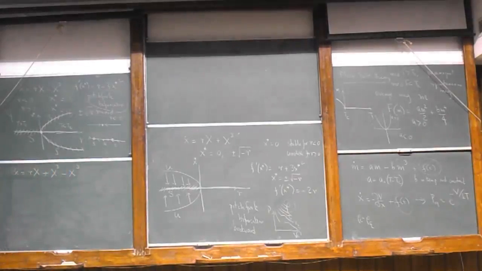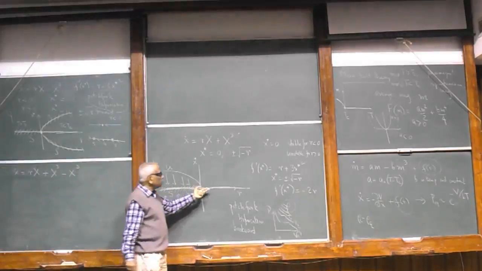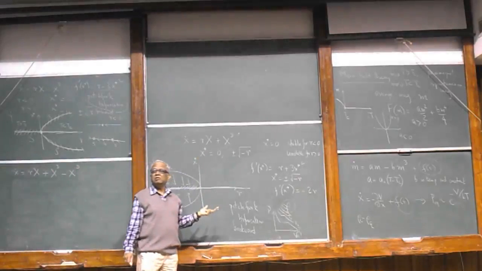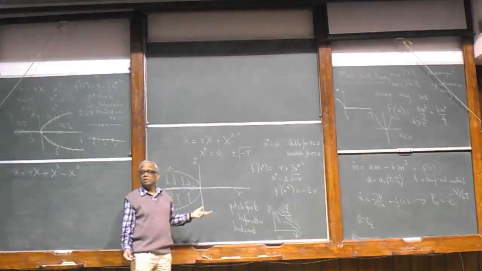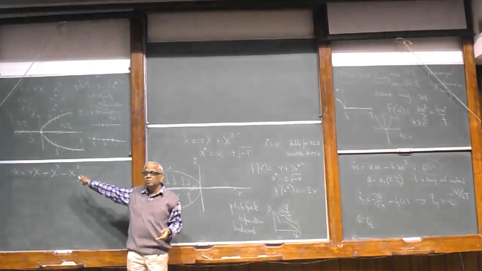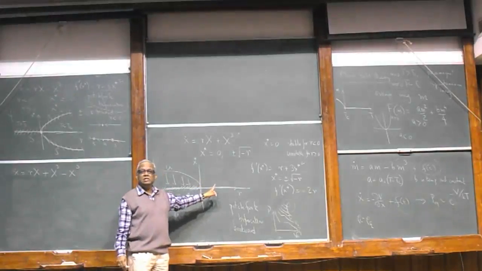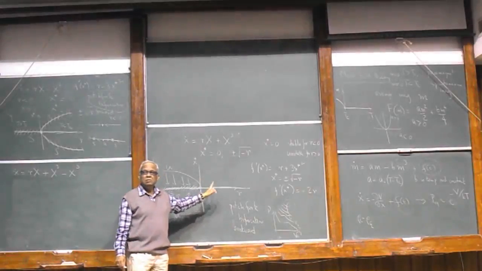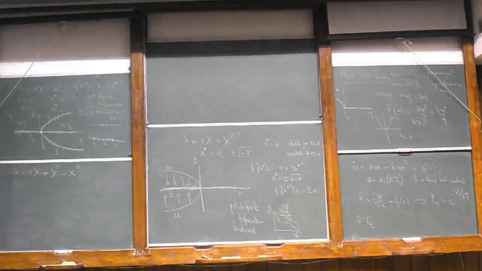So I keep the symmetry of x to minus x, but I have added a minus x to the fifth, which you can imagine will stabilize things. The problem with R greater than zero over here was that the solutions just ran away. No fixed points. If I put a negative term, that is certainly going to be arrested. So that's why let's look at the fixed point structure with this.